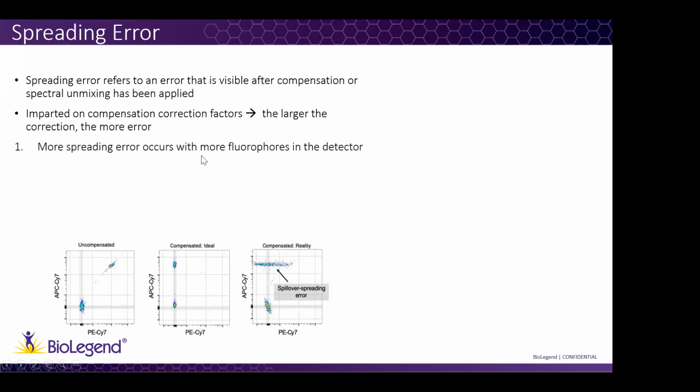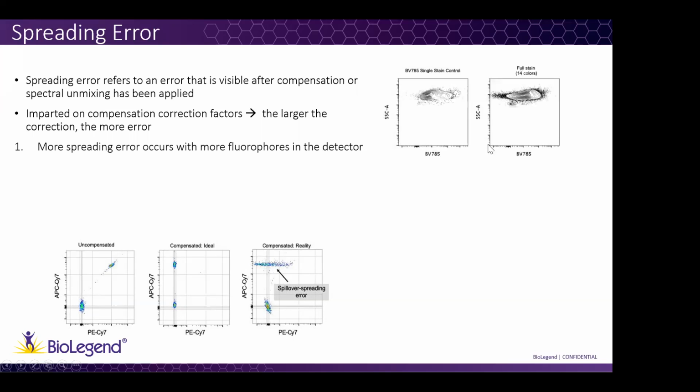So firstly, more spreading error occurs with more fluorophores in the detector. What that means is, here is an example where you have single stain cells with BV785, and you can see a nice resolvable population here.